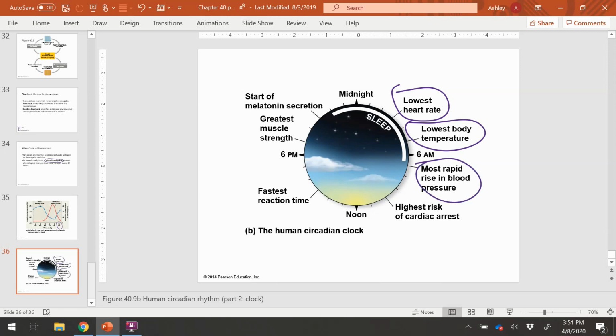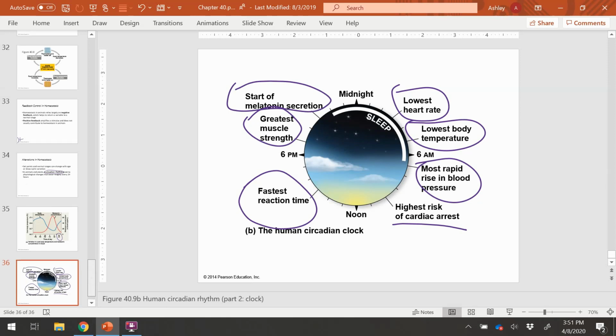Early morning is the highest risk of cardiac arrest for this person. As they hit noon and eat lunch, they'll have a faster reaction time in the afternoon, with greatest muscle strength in the evening. Their melatonin secretion starts before they go to sleep. All this happens in a 24-hour period, normal fluctuations within their cycles. So that's a circadian rhythm.